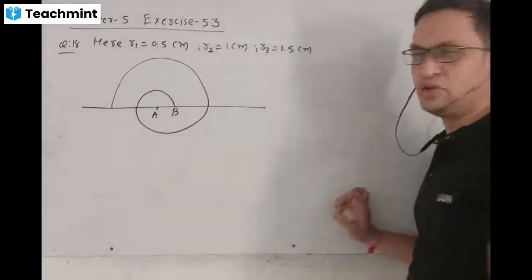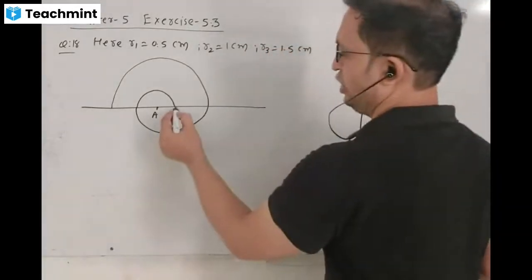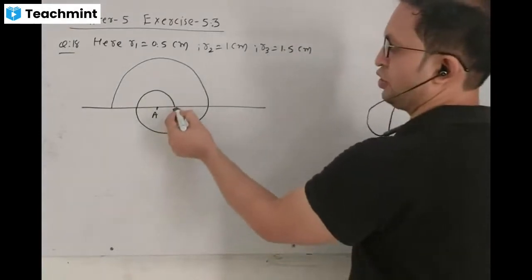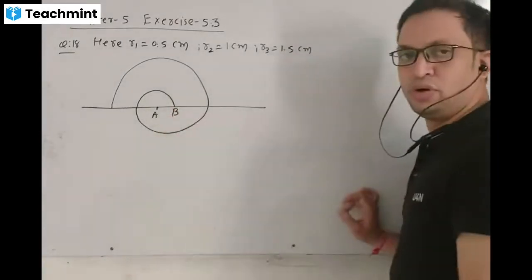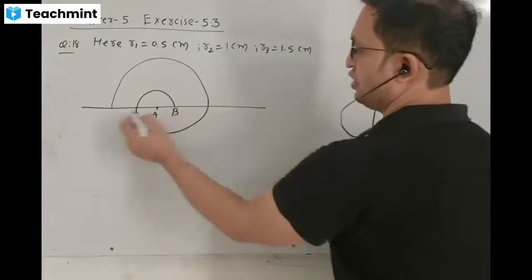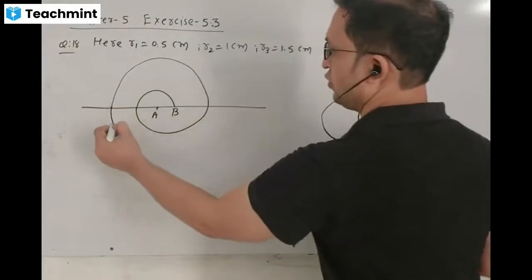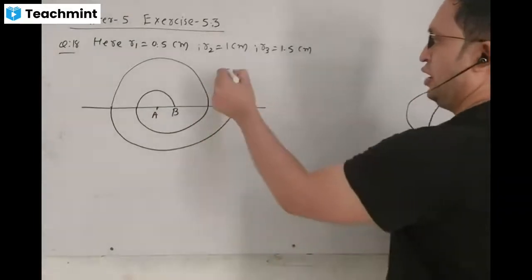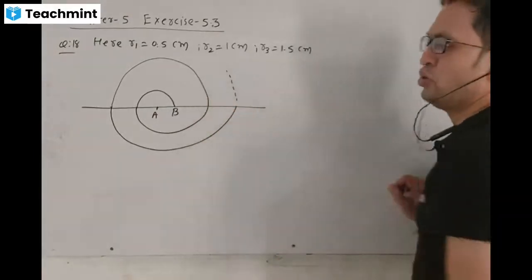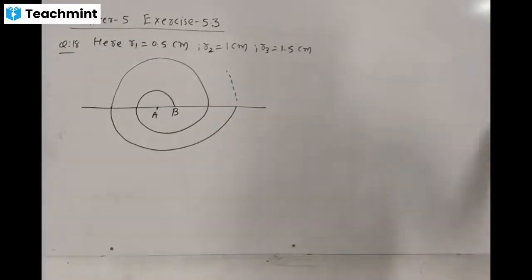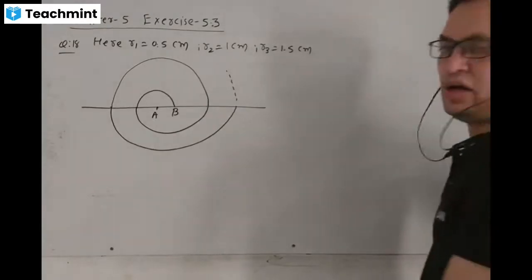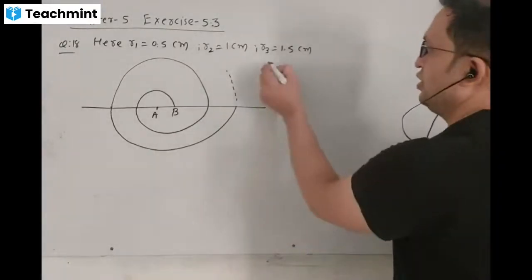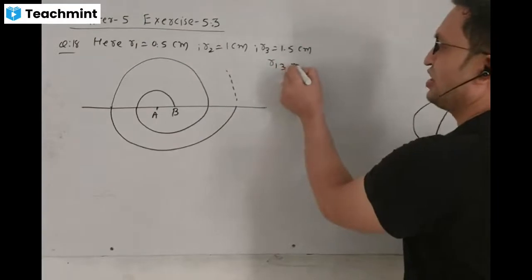Up to 13 consecutive semicircles. Take next R4. R4 is equal to 2 centimeter with center B. Draw a semicircle with center B. And so on, up to total number of 13 semicircles. That means R13.